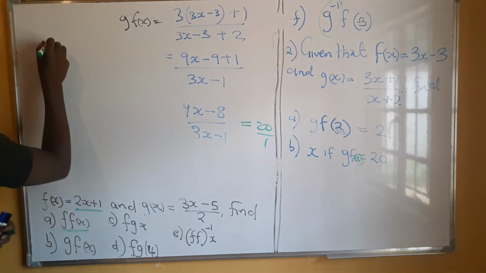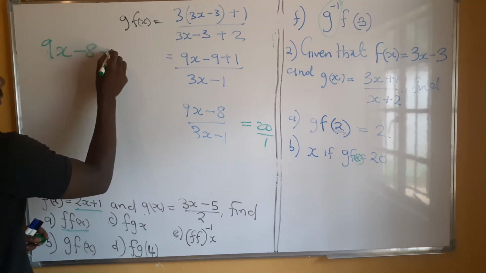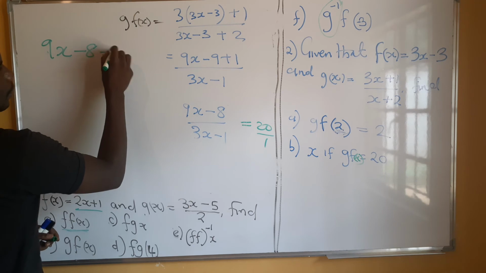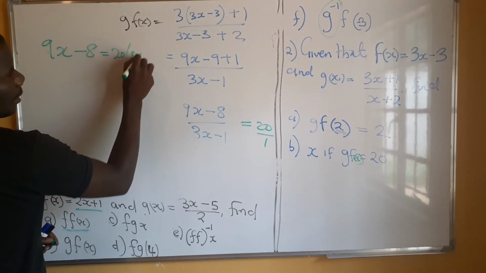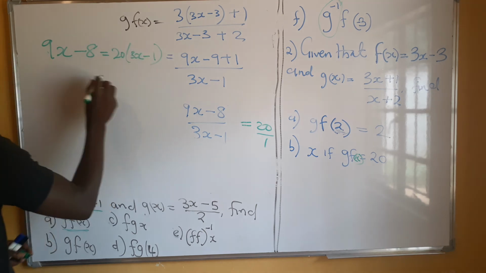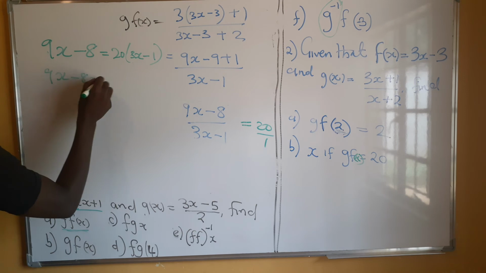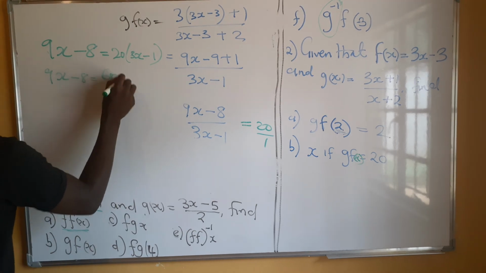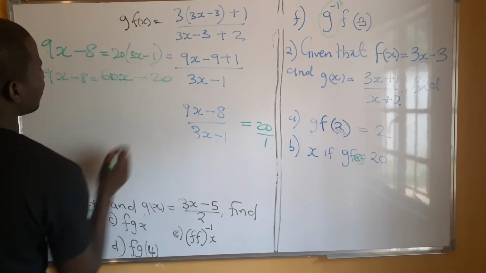So we're going to have maybe 9x minus 8 is equals to what? 20 times 3x minus 1. Then we go through the process now. 9x minus 8 is equals to what? 60x minus 20.